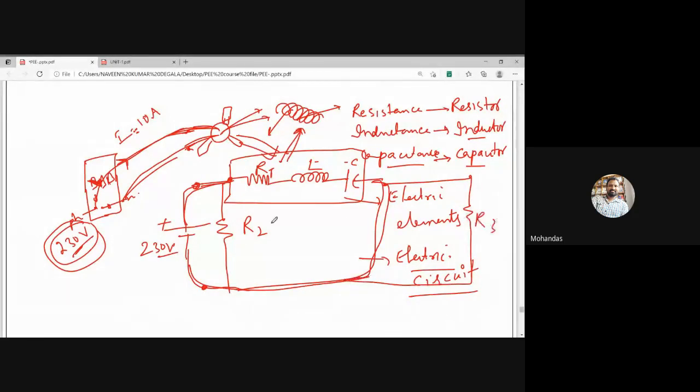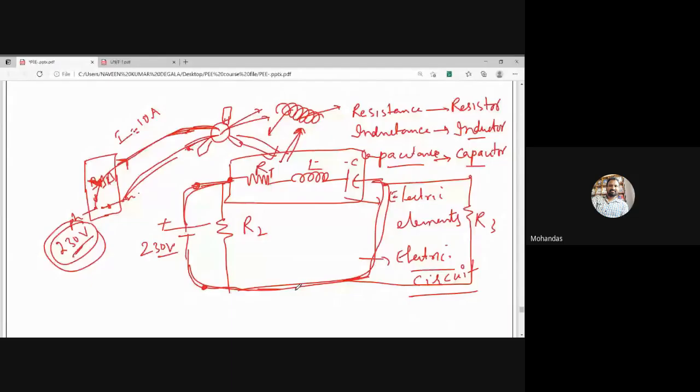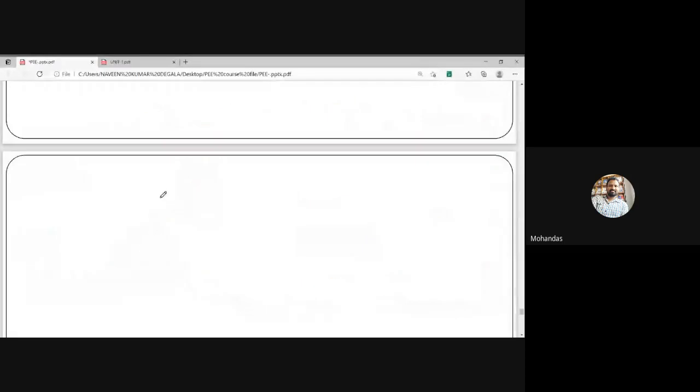So we can convert those appliances into inductive, capacitive and resistive elements. I will tell what RLC is later. Finally, what I am trying to say is that any practical situation can be written like this.